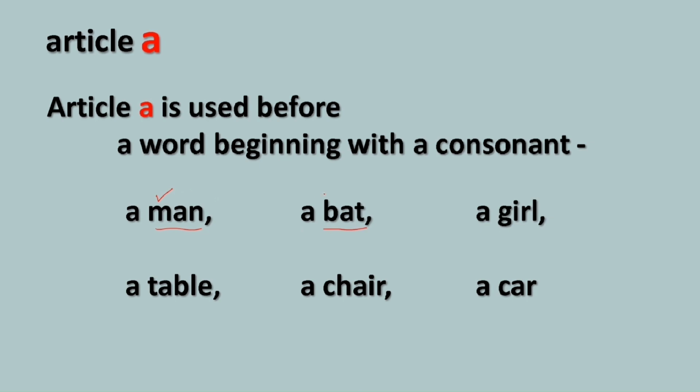Similarly, bat starts with B, a consonant letter. Similarly, girl starts with G, and G is a consonant letter. So all these words start with consonants. Table starts with T, chair starts with C, car starts with C, all consonants.